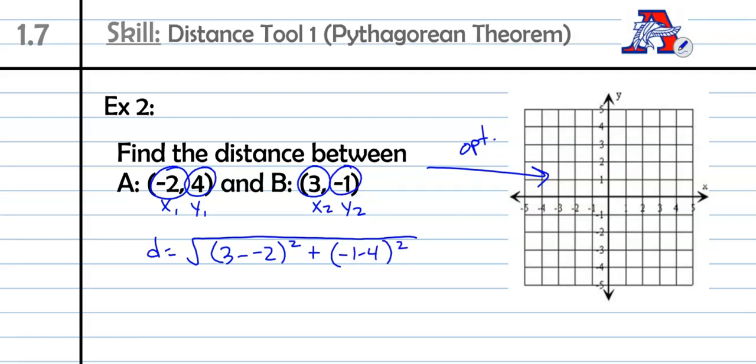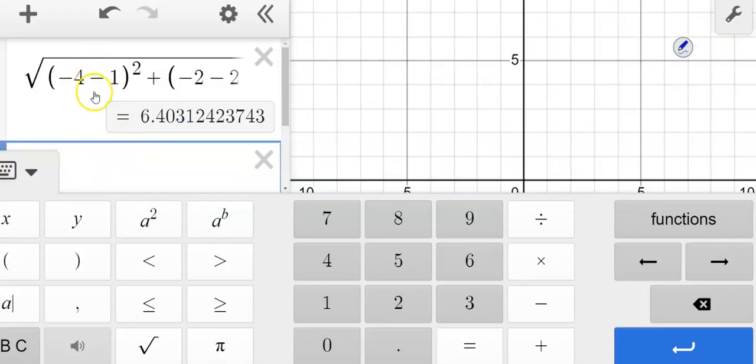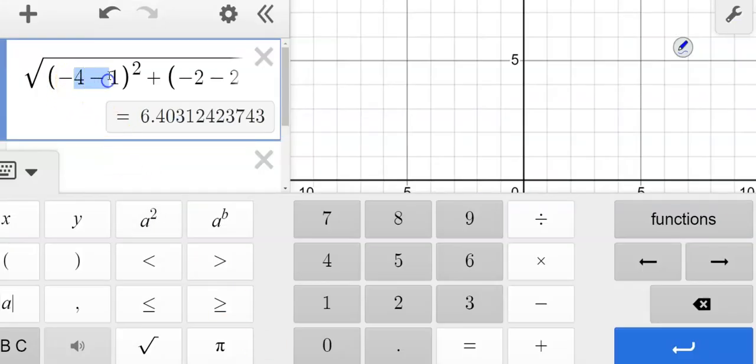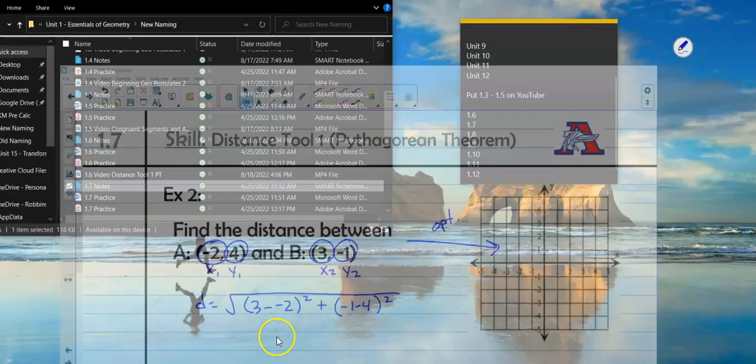And then square it. All right, and then you can just punch that in to Desmos or really any calculator that is somewhat decent and supposed to be used for a high school student. It will probably work for you. So I'm going to grab Desmos. I'm going to grab a new line. We could really even use the same line. Maybe I'll actually do that. I'll show you. So we had negative 3 minus negative 2. And we had negative 1 minus 4.